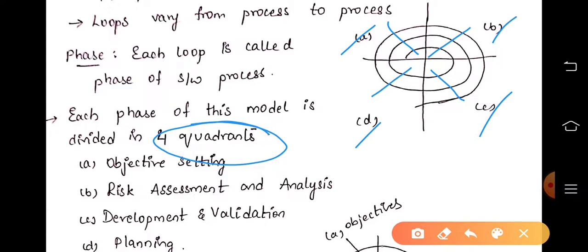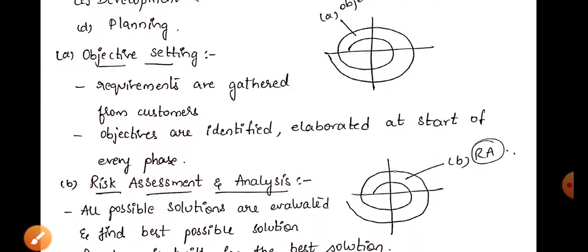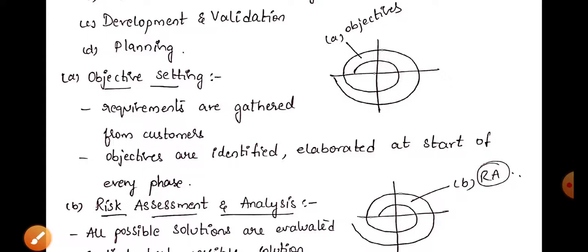The first one is objective setting, next one is risk analysis, third one is development and validation, and last one is planning. Let us see in detail about these 4 quadrants. First one is objective setting.